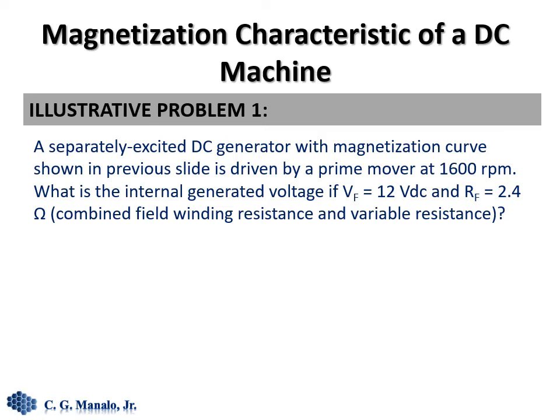The question is, what is the internally generated voltage, or your EA, if the voltage impressed across the field winding is 12 volts, and the field winding resistance is 2.4 ohms? This is the combined resistance of the winding itself and any variable resistance that may be connected.